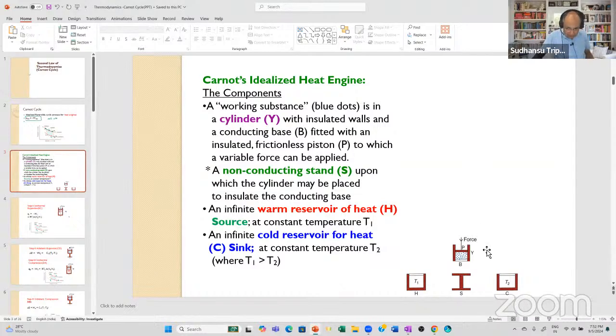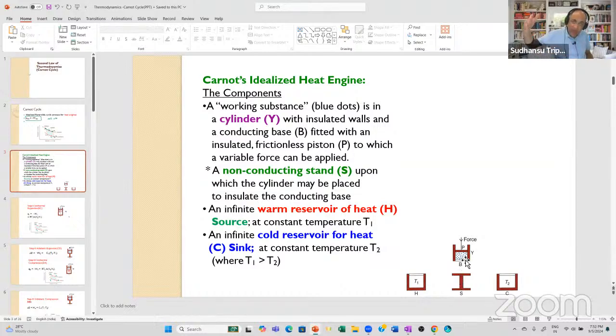And then in the next step, we remove this expanded cylinder and keep it on the insulating stand, and it will further expand adiabatically because there is no heat exchange. The whole system is insulated now.